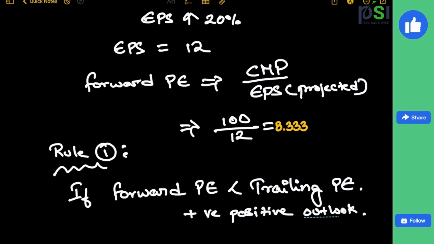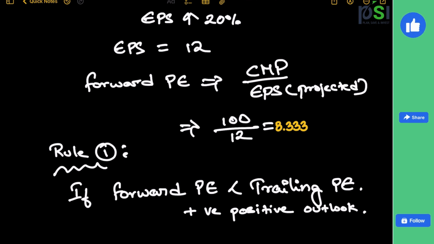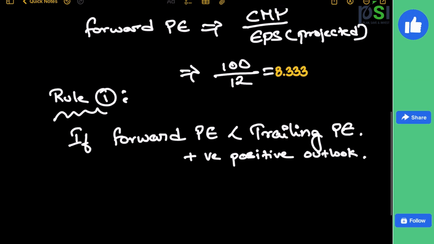So investors check this. If the forward PE is less than trailing PE, then investors are expecting the earnings are going to grow, or earnings are going to surge. And it is a positive outlook, but to which companies this rule applies, that is very important.